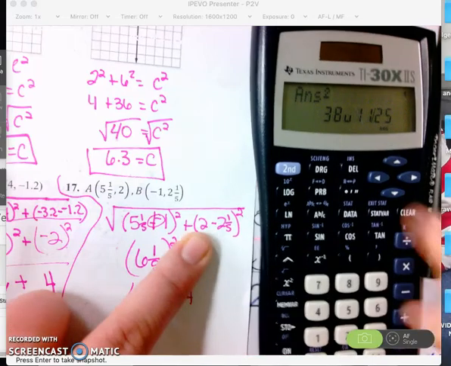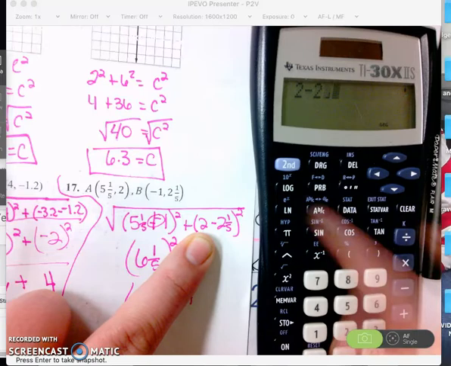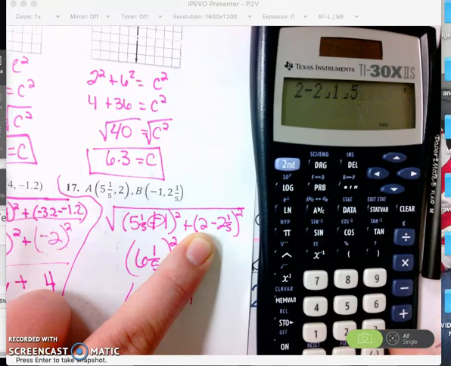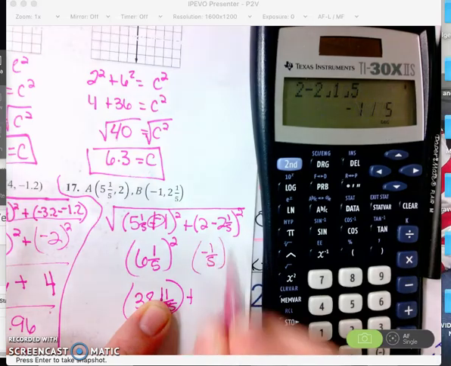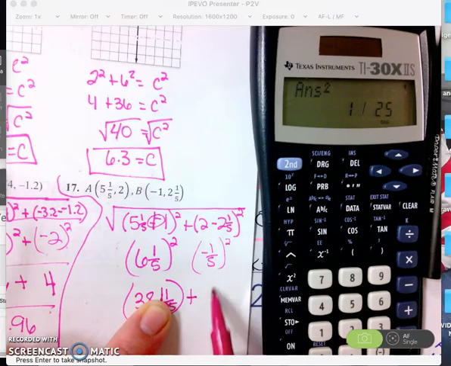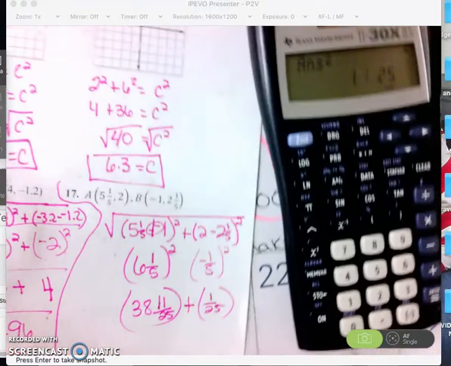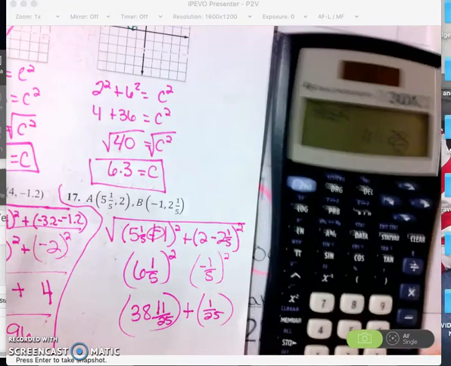Okay, then I'm going to go over here. 2 minus 2 1/5. So I should get a -1/5 squared. So I want to square my answer. I should get 1/25. Okay, now I need to add my two together.